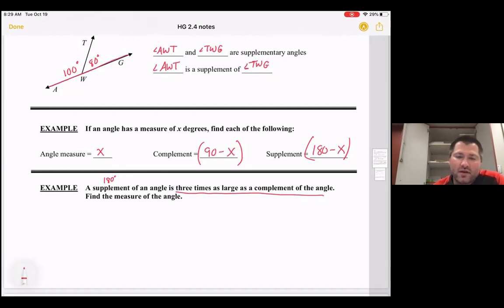Okay, so X is equal to the angle measure. 90 minus X is the complement of that angle. And 180 minus X is the supplement of that angle.